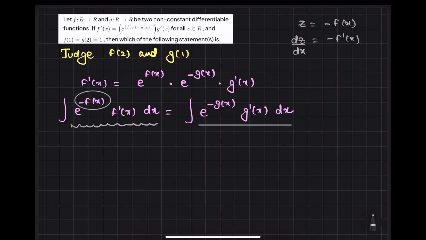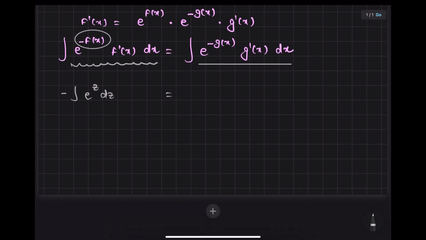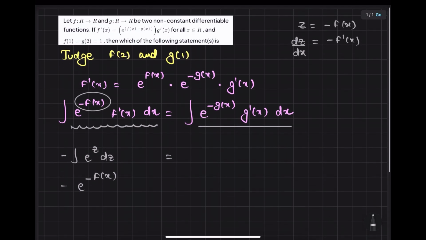Correct? So can I replace this with e power z and then dz? Correct? We will have same thing. Now, can I write this thing as e power minus of e power f of x? And e power z integration is e power z. Now you have to replace z with the assumed value.